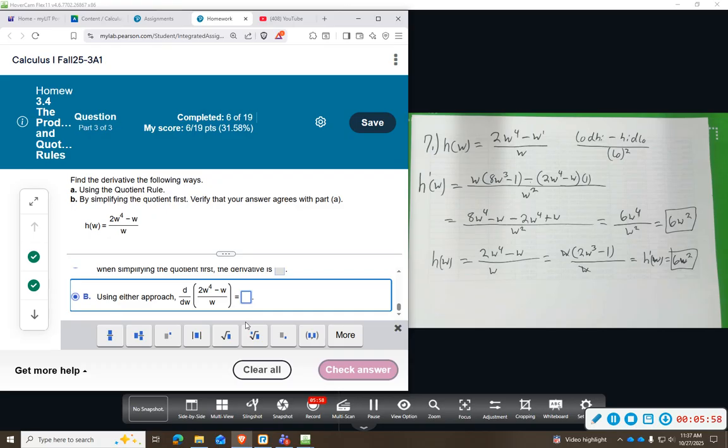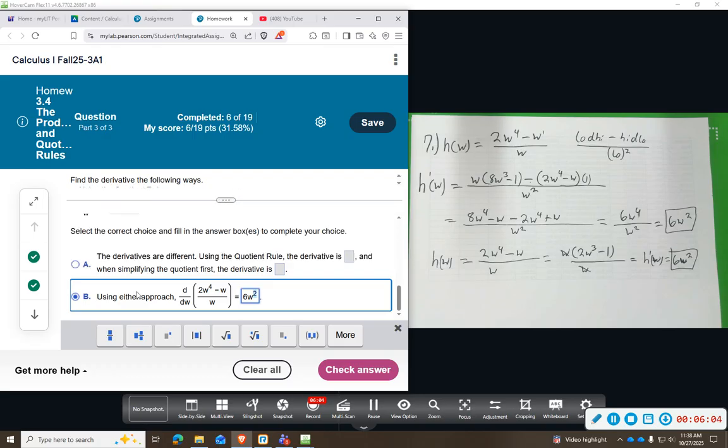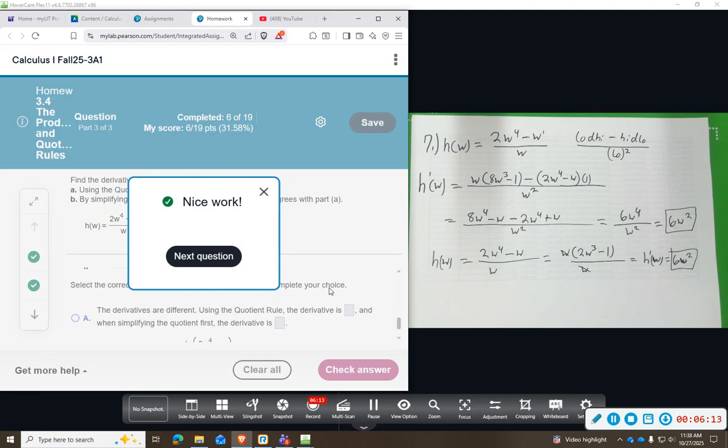We get 6w squared. So looking at those two options, the first one is saying the derivatives are different, and they are not. So B, both derivatives, when we simplify them, get 6w squared.